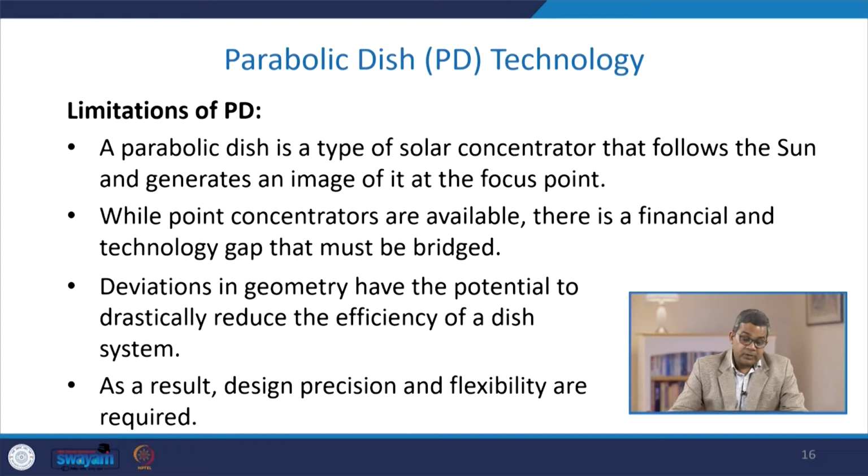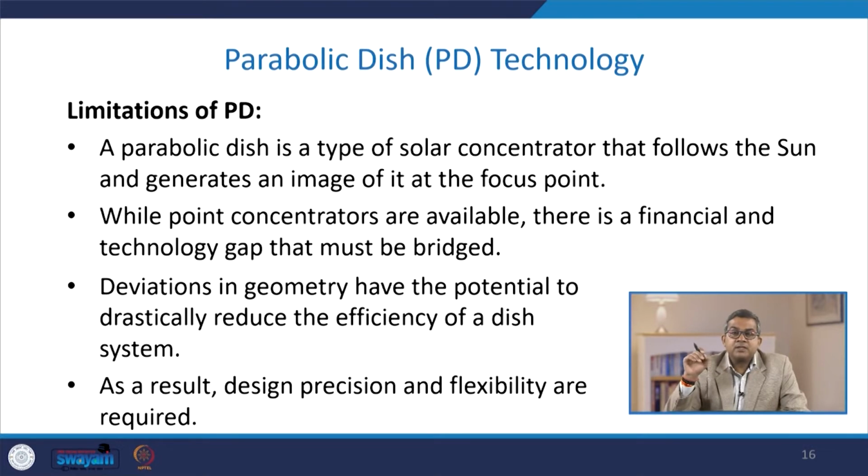But while the parabolic dish offers various advantages, there are also many limitations attributed to the system. A parabolic dish is a type of solar concentrator that follows the sun and generates an image of it at the focal point.